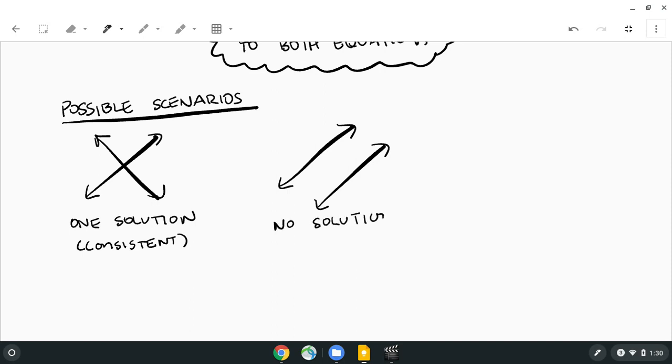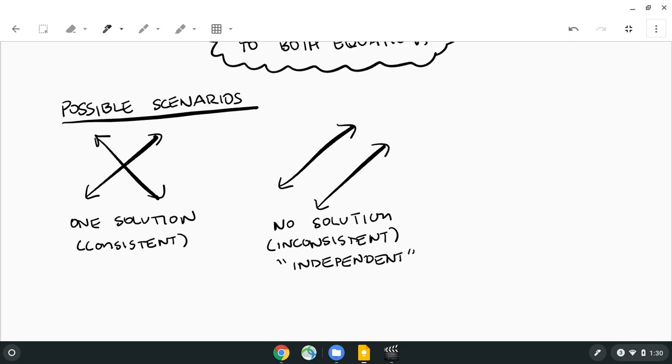And we would say that this is inconsistent. We also say that this is independent, in case your homework asks you for these categories.